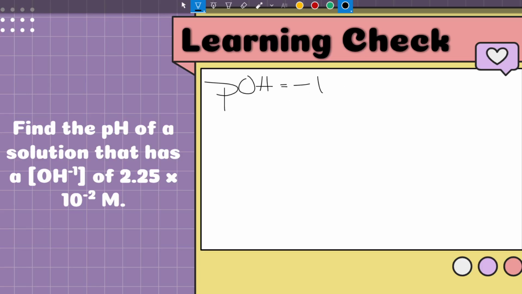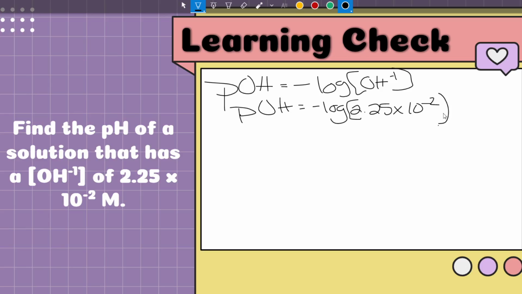So pOH is going to equal negative log of 2.25 times 10 to the negative second, and that should give you a pOH of 1.6.